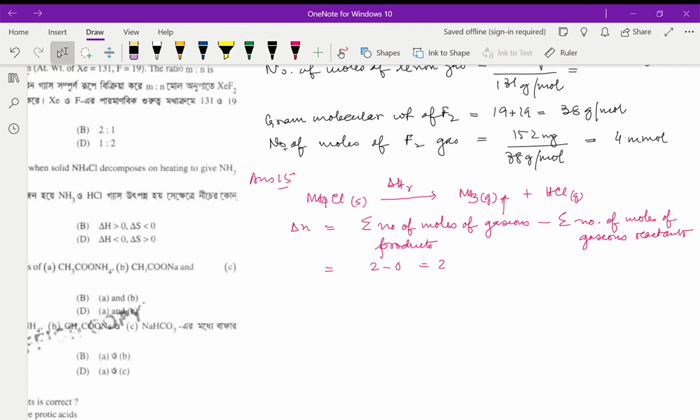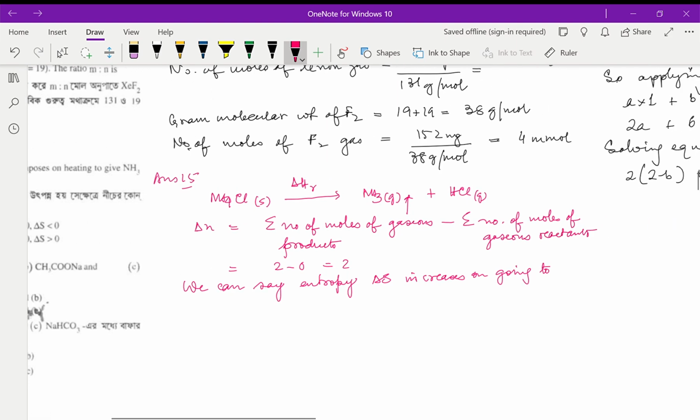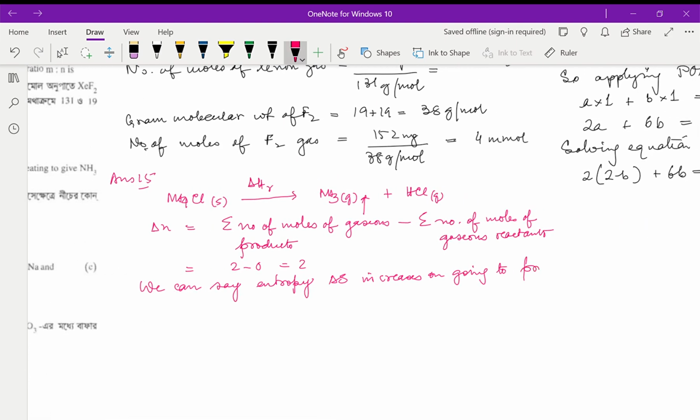In other words, we can say entropy, which is delta S, increases on going to the product side. That is, delta S out here is positive.